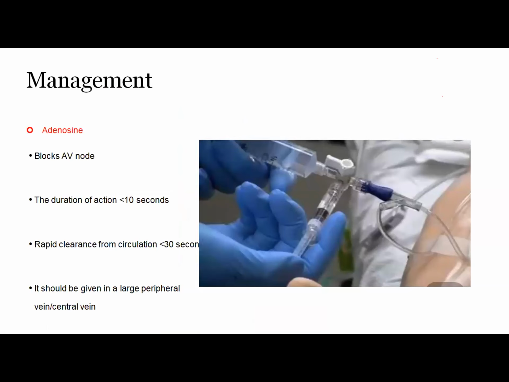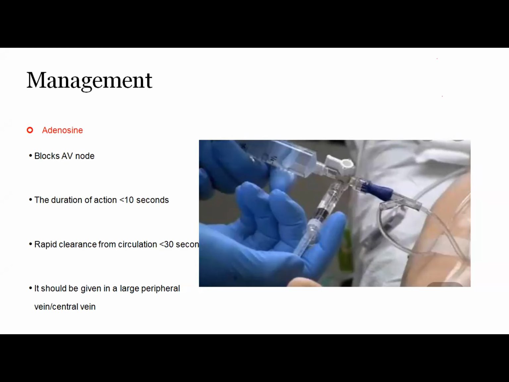Like you guys already pointed out, we give adenosine as a rapid bolus because the duration of action is within 10 seconds and it clears quite quickly from circulation, within 30 seconds. So you should use a 2-way cannula and give an adenosine bolus followed by a quick saline flush through the other lumen. And like you rightly said, make sure it is in a large peripheral vein closer to the heart, or a central vein.